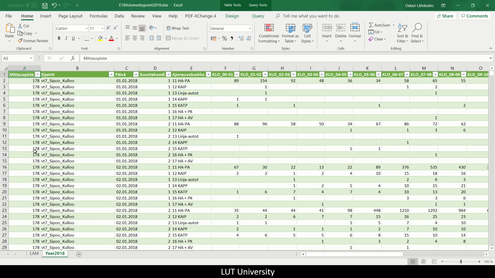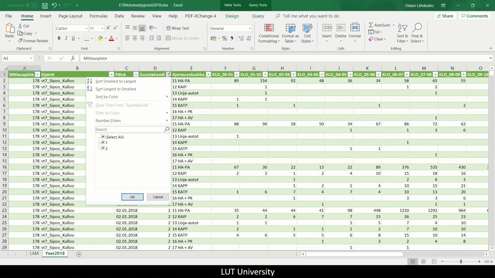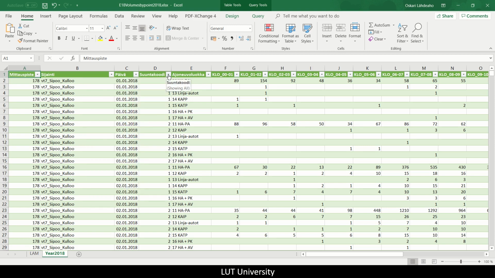Then we have the longer name to figure out where exactly it might be located. Then here we have the direction code. A direction code of 1 means that the vehicle was traveling east in this case, and 2 means that it was traveling west on E18.